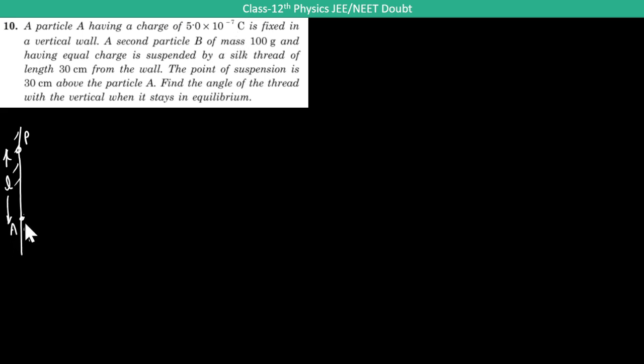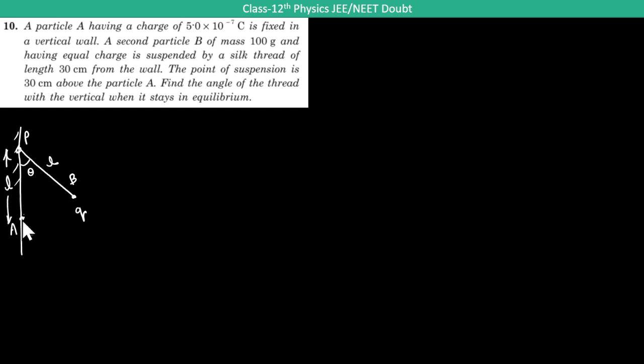And we are suspending another charged particle through the same length L, that is 30 centimeter, with charge Q at point B. This is particle B. Due to the repulsion between Q and Q, that is A and B, this particle will move away from the wall, and this thread will make, let us consider, theta angle with the vertical. So this theta angle we have to find here.